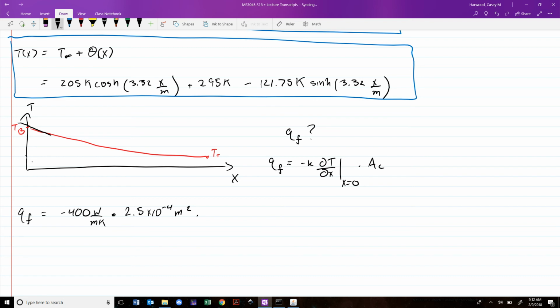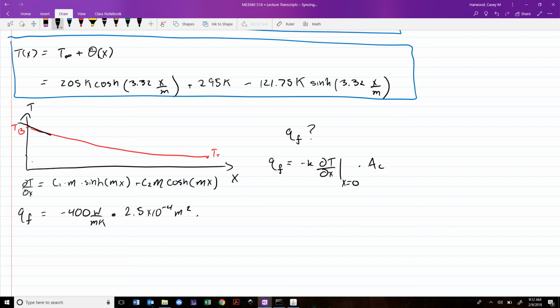If we take the derivative, dT/dx gives us C1 times m sinh mx plus C2 m cosh mx.